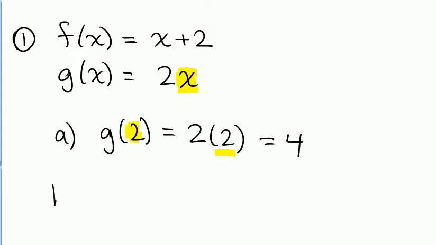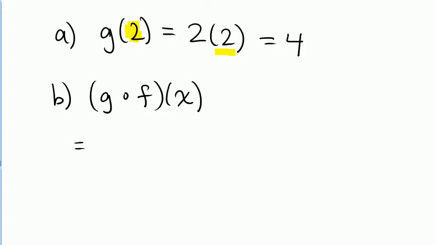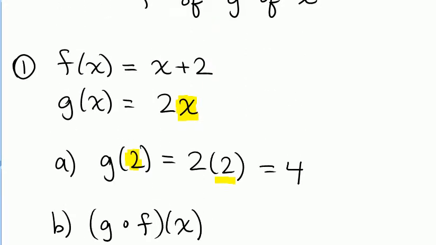So let's find g of f of x. As we wrote down at the very beginning, g of f of x means the same thing as g of f of x written in this manner. If you look at your equations, we know what f of x equals. F of x is x plus 2.